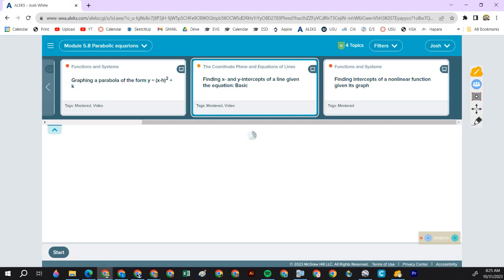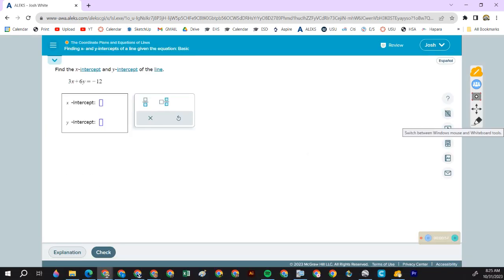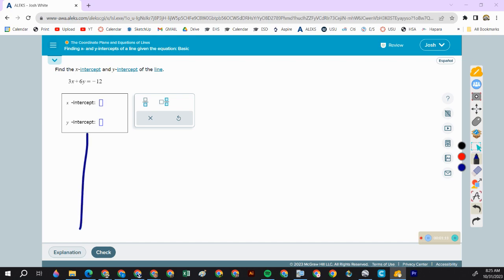The next question has a line. 3x plus 6y is equal to -12. I want to know where that graph crosses the x-axis and where it crosses the y-axis. Well, if we look at the x-axis, what is the value of y on the x-axis? 0.